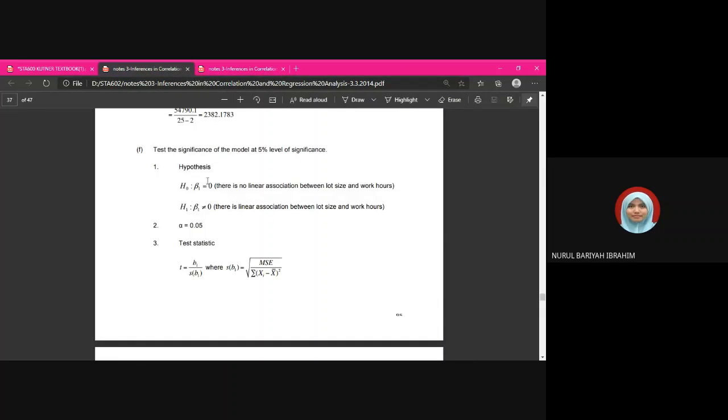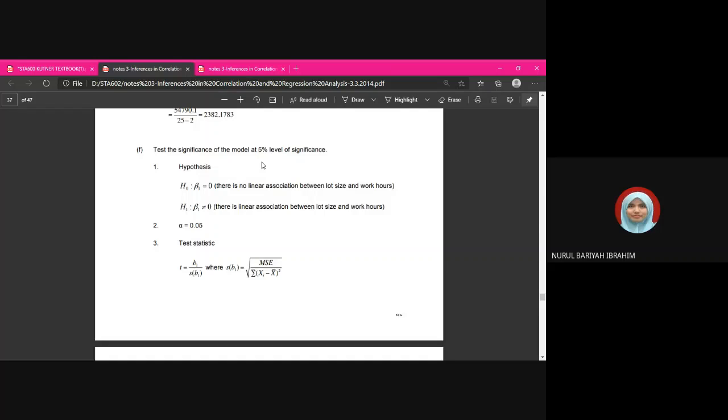Okay, so soalannya test the significance of the model. Kalau nak test untuk significance of the model, sebelum ni kita boleh gunakan F. Also, we boleh gunakan T. Boleh gunakan t-test, ini dipanggil t-test, dan juga boleh gunakan f-test. Before this, bila you ada ANOVA table, you boleh proceed dengan f-test to check the significance of the model.